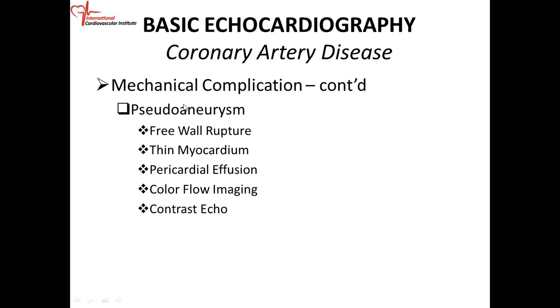All right, so if you have rupture of the heart muscle and the pericardium seals or prevents the heart from emptying blood, we call that a pseudoaneurysm. So there is rupture of the heart muscle, but the heart doesn't empty its blood into the pericardial sac because there is what we call loculation.